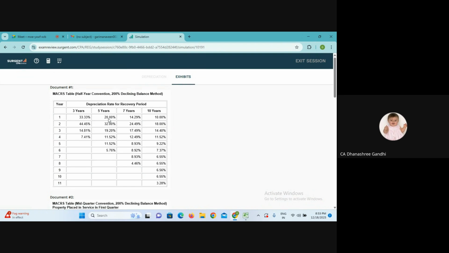Ma'am, what is the second table given down there below? This is for mid quarter. Like if you place more than 40% of asset in services in the last quarter, then you will use this percentage. Okay, ma'am. It's called mid quarter convention.